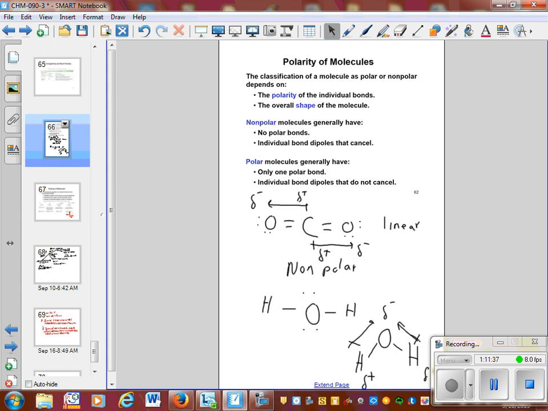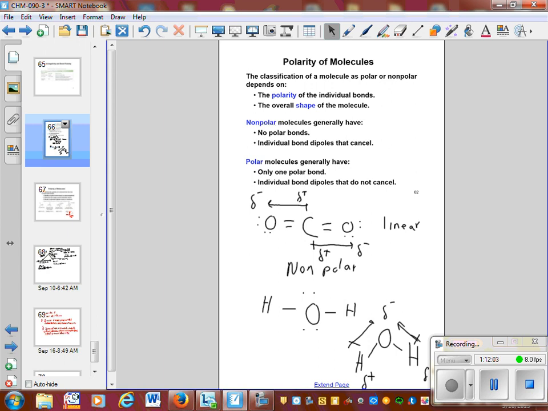It is also polar, so this oxygen is pulling the opposite way. Even though both bonds are polar, if they're both pulling like a tug of war from opposite sides, what's the net effect? Zero. So even though the bonds are polar, the molecule is nonpolar. That has to do with its shape.